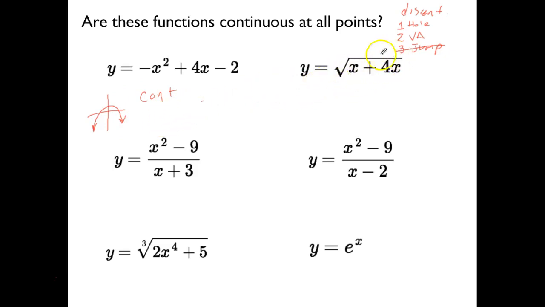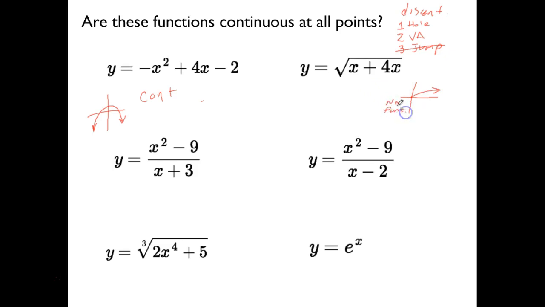Okay, this one, now it doesn't have a hole or vertical asymptote, but I'm asking if it's continuous for all points. And if you know what a graph of a parent function, a parabola looks like, or a square root, it looks something like this. And you have no negative values. So there's no function over here, no function over here.